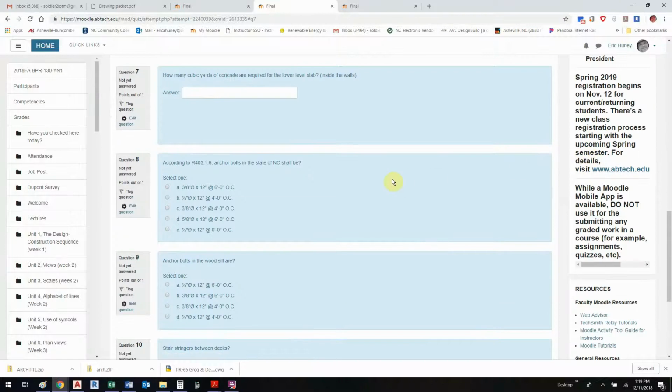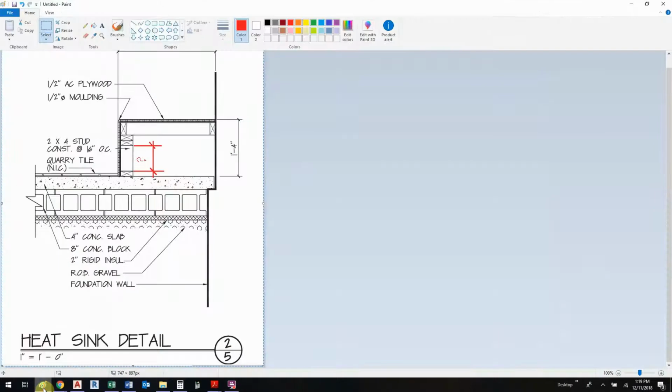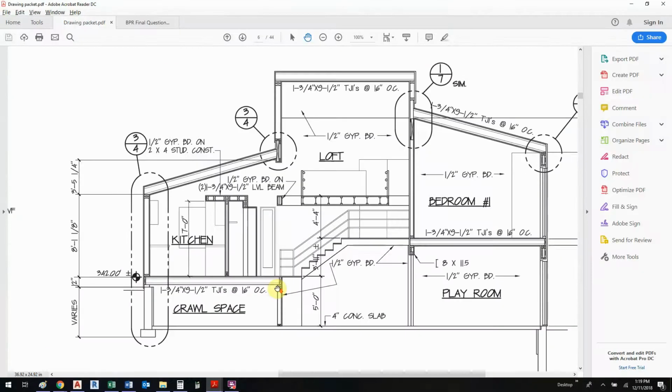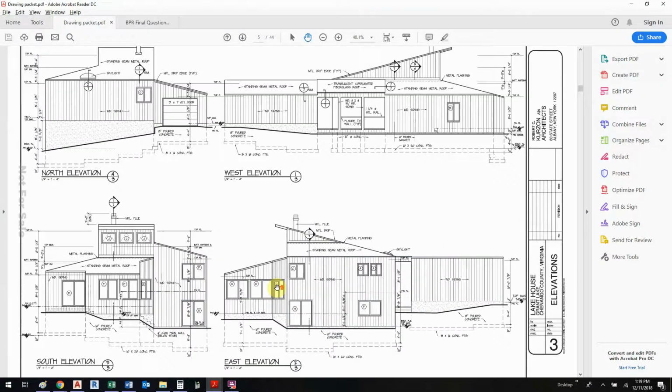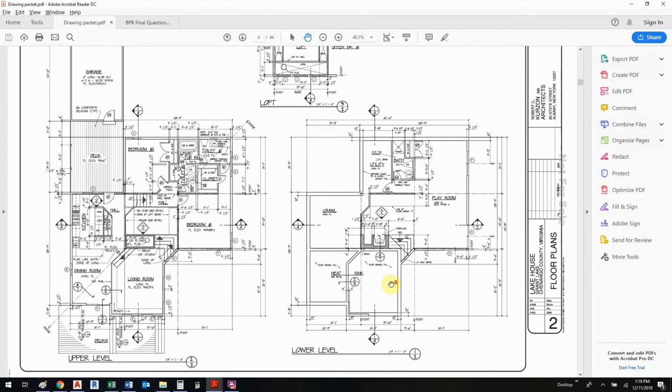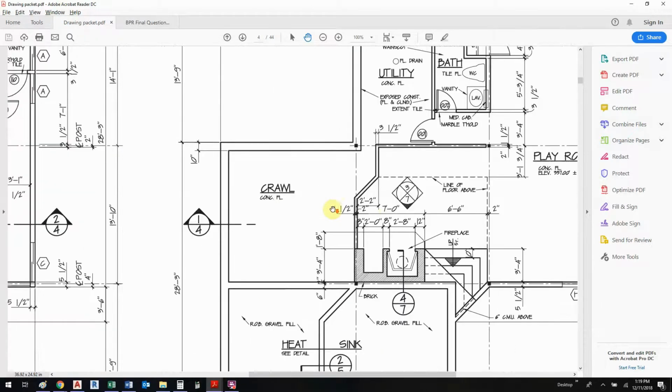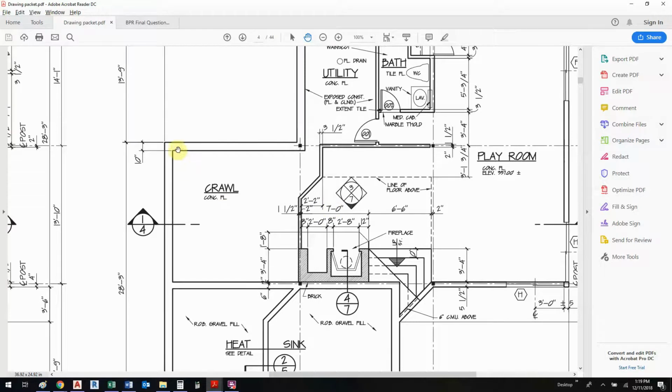Number 7, how many cubic yards are required for the lower level of the slab? Let's go over to the plan of the basement. Notice that the crawl space says concrete floor, so the concrete floor goes all the way around.